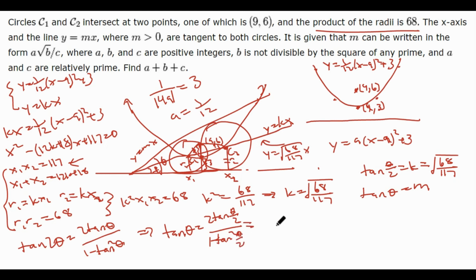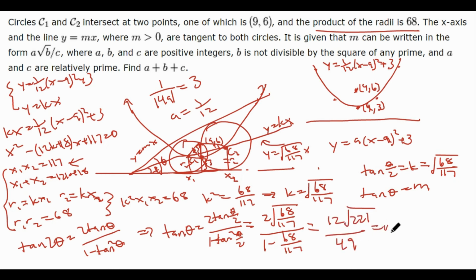And since we know that tangent theta over 2 equals square root of 68 over 117, this is just equal to 2 square root of 68 over 117 over 1 minus 68 over 117. This simplifies to 12 square root of 221 over 49, which is equal to m.